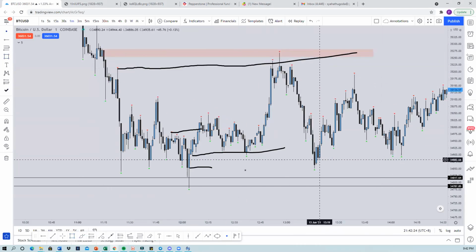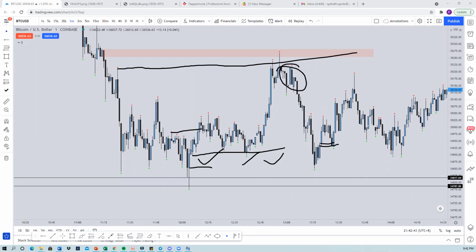Reacts down. Done. Price goes up. After it goes up, what's there? Volume imbalance here. You get a trade. We're going to get a trade somewhere here.